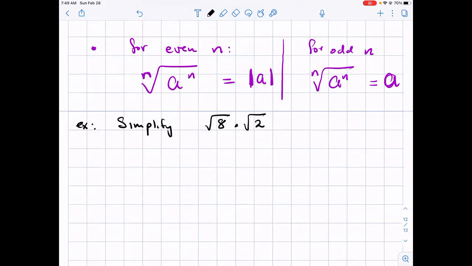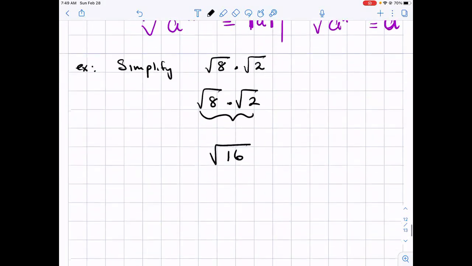Since we are multiplying, this becomes the square root of 16. And the square root of 16, we know, is 4.